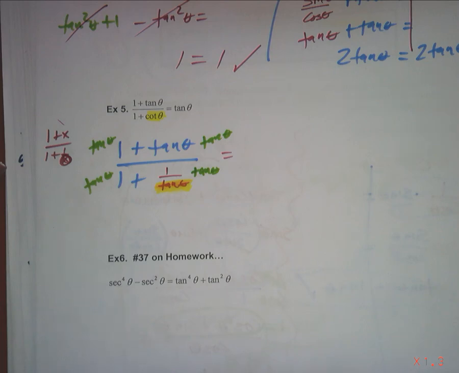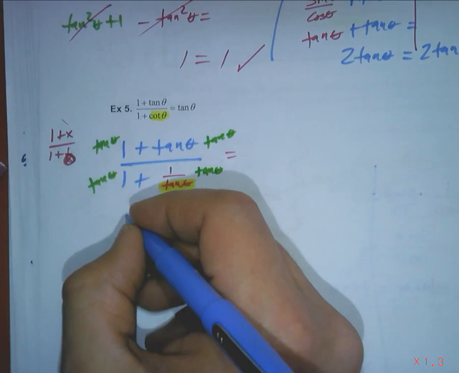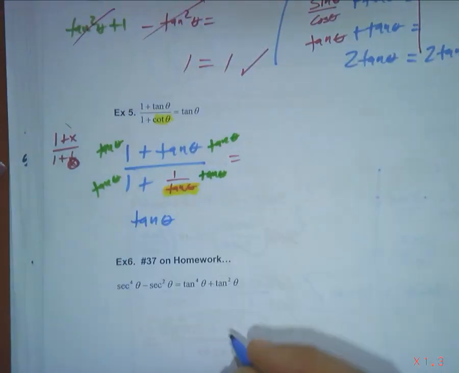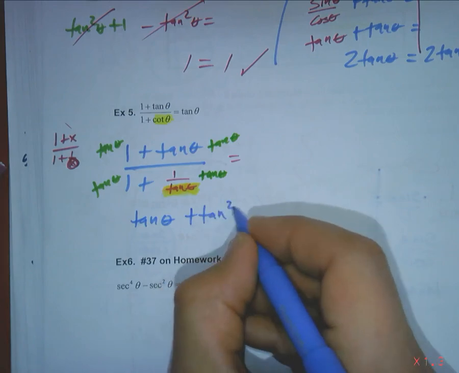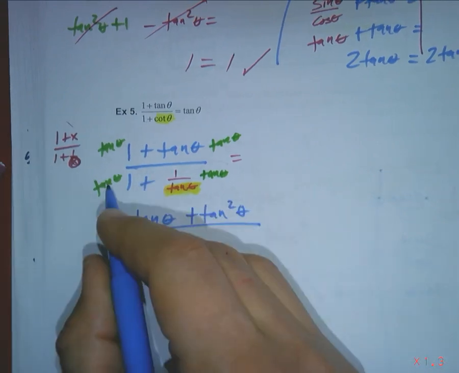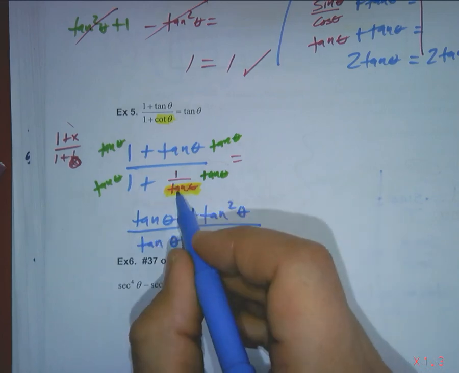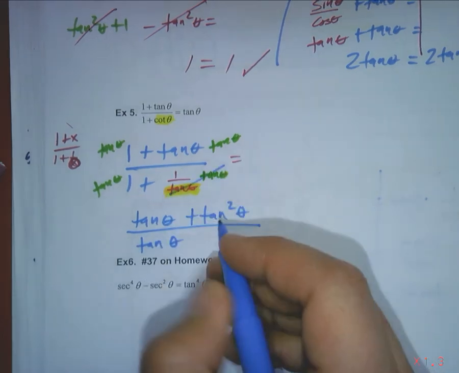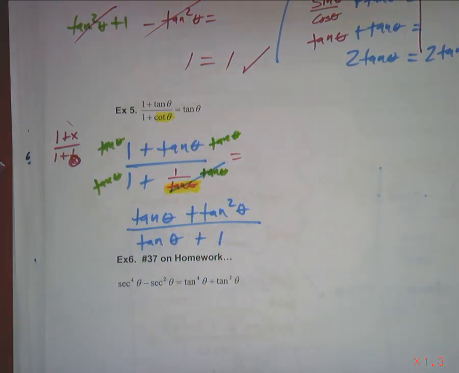As I take a look, I've got tangent times 1 is tangent. Tangent times tangent, we know, is tangent squared. Tangent times 1 is tangent. And then 1 over tangent times tangent, those guys disappear and turn into 1. So I get tangent plus 1 on the bottom.